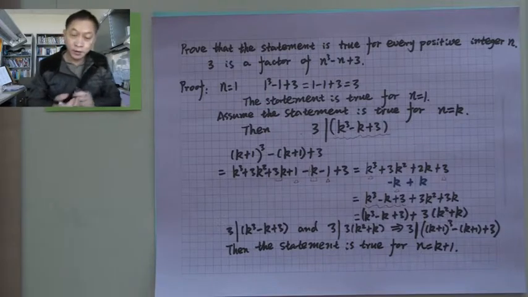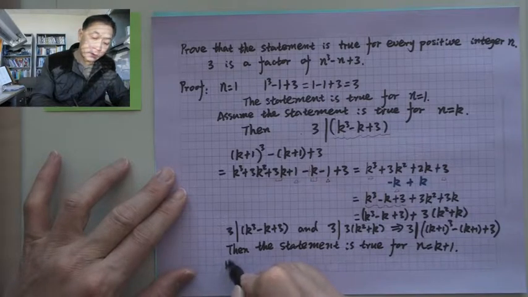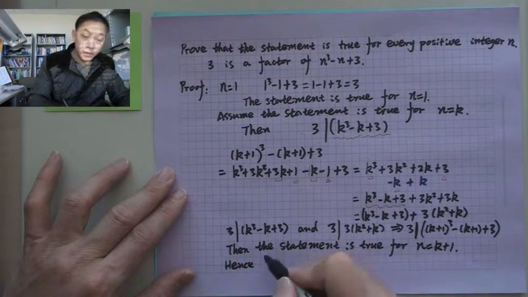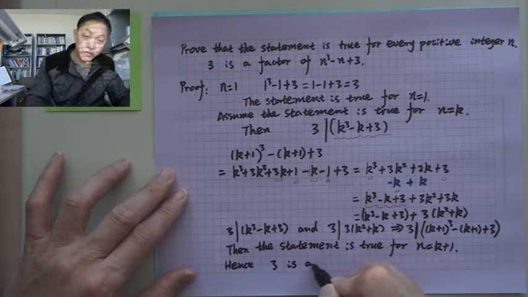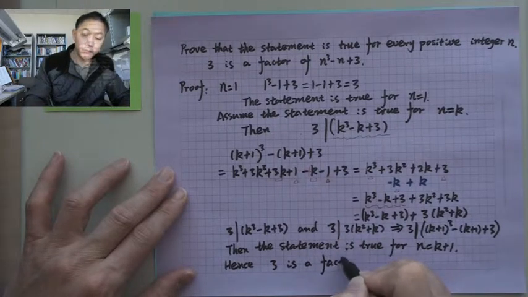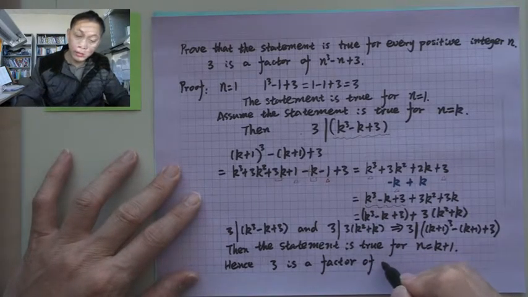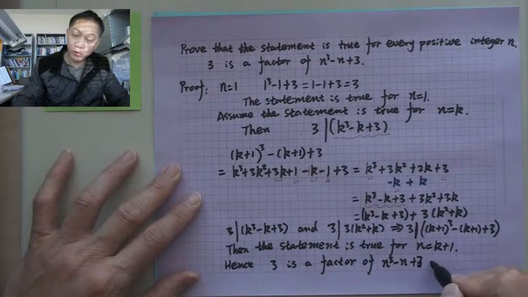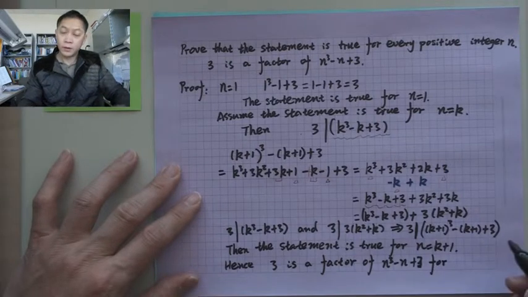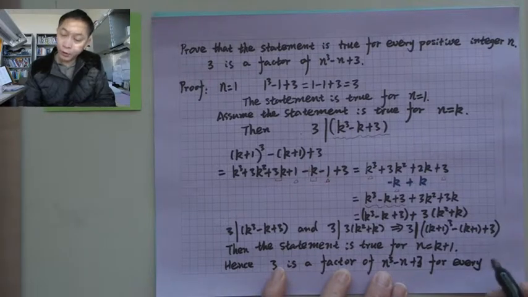And then we may say, hence, 3 is a factor of n cubed minus n plus 3 for every natural number.